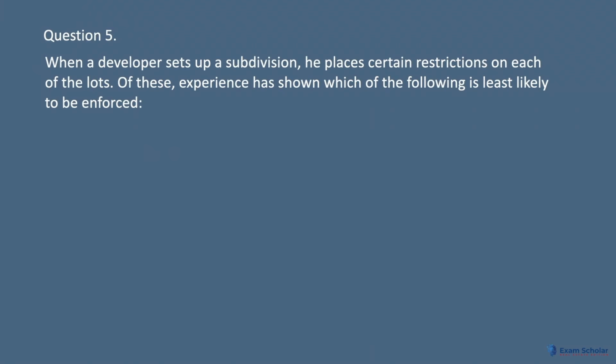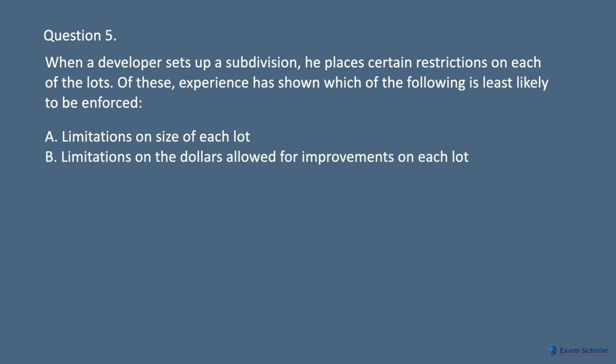Question 5. When a developer sets up a subdivision, he places certain restrictions on each of the lots. Of these, experience has shown which of the following is least likely to be enforced. A. Limitations on size of each lot. B. Limitations on the dollars allowed for improvements on each lot.